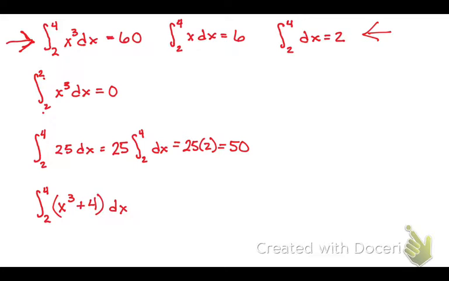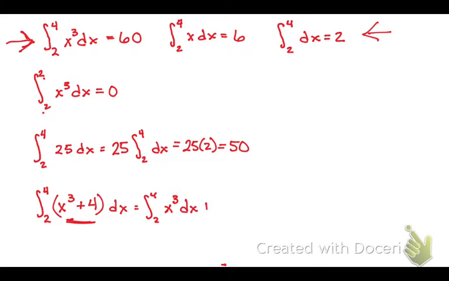Can you move the 4 in front? Can I separate these two things into 2 different integrals, since it says plus? But what if it says minus? It's just a minus in between them. It's a quantity, plus or minus.